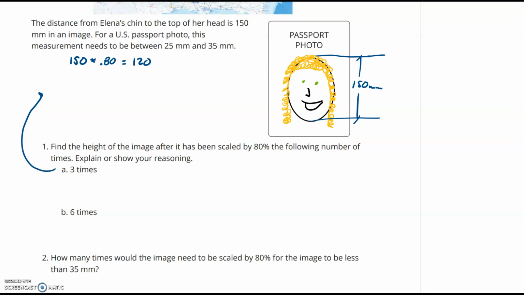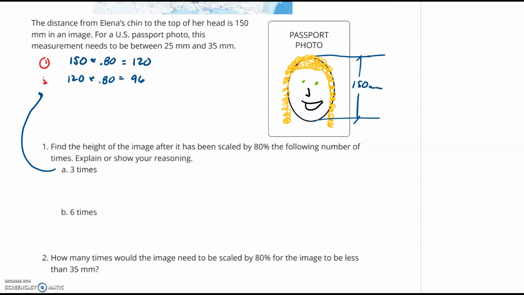Okay, now that's after scaling it down 1 time. Now I'm going to scale it down again, but notice I don't start with 150. Now I'm starting with the 120, and I'm going to multiply it again by 0.80. And when I do that on a calculator, I get 96.